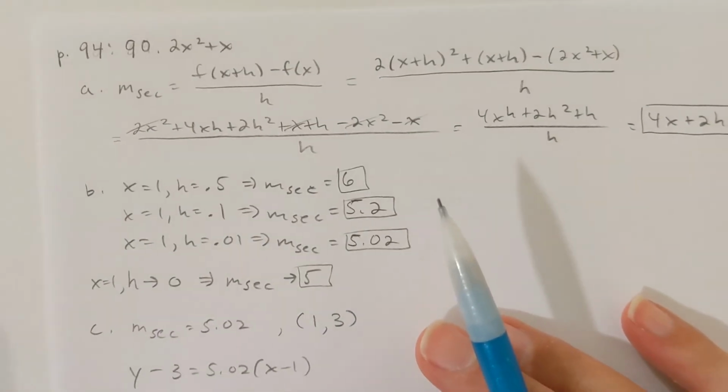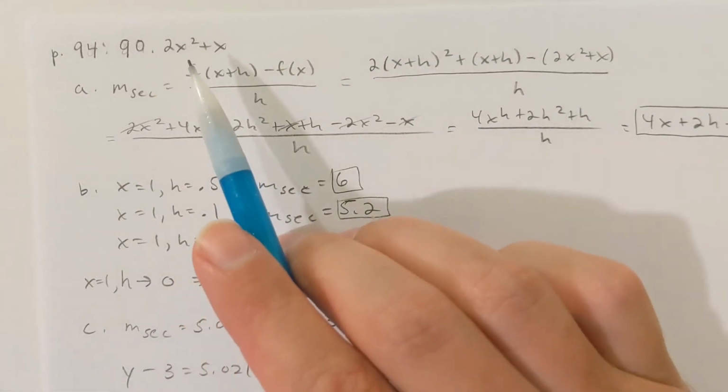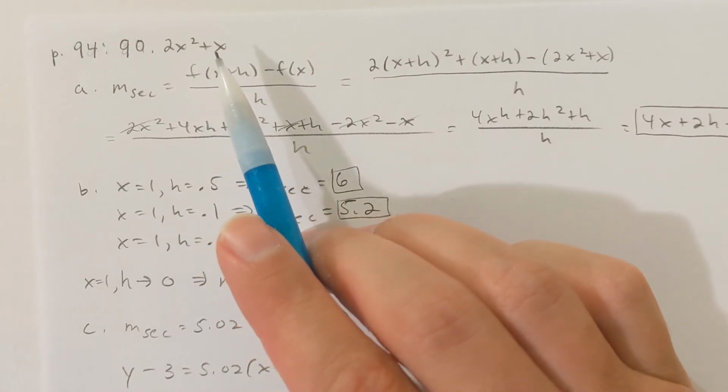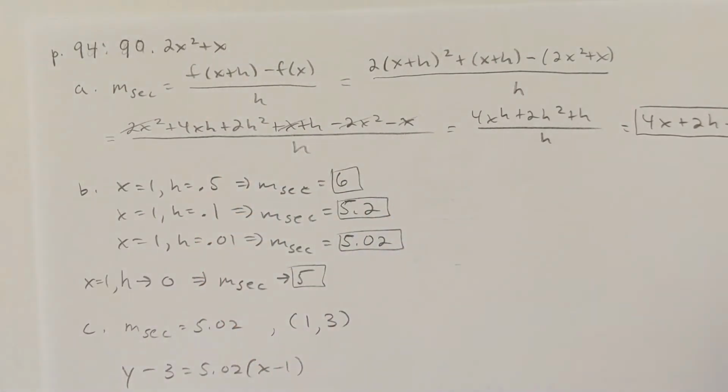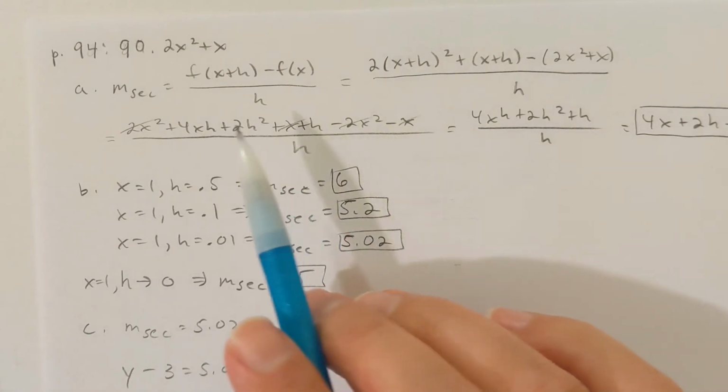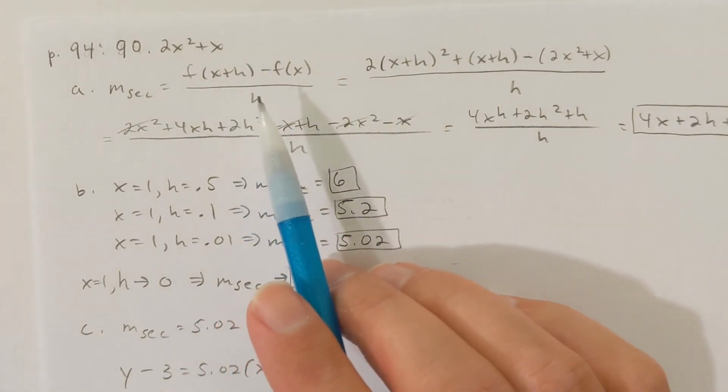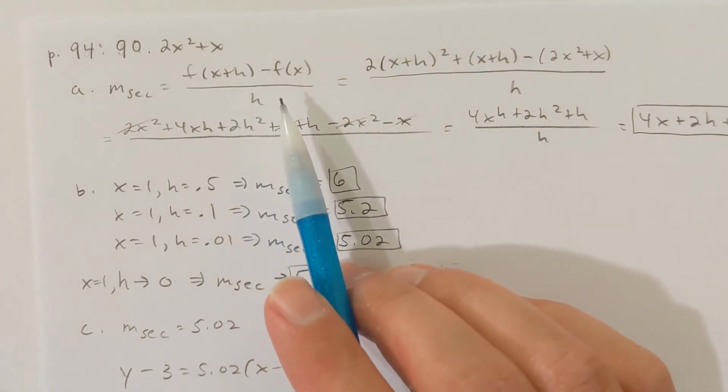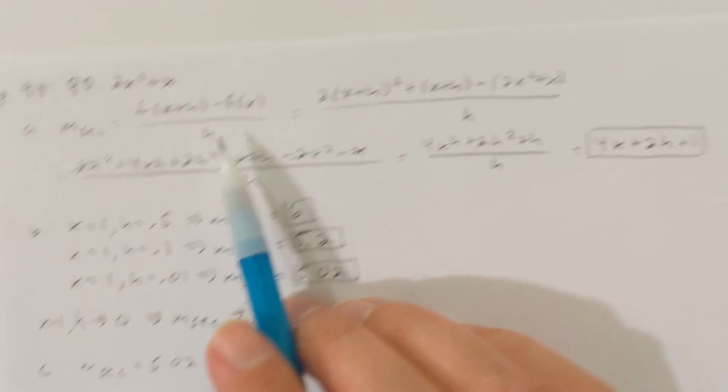Okay, so problem 90, I get f of x equals 2x squared plus x. M subsecant is the difference quotient, f of x plus h minus f of x all over h.